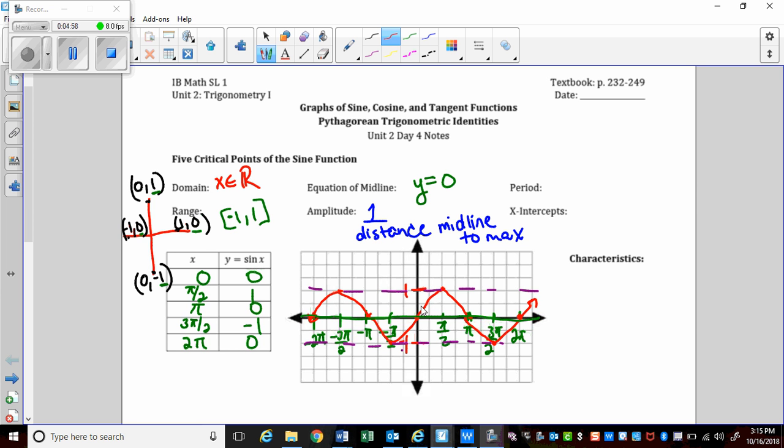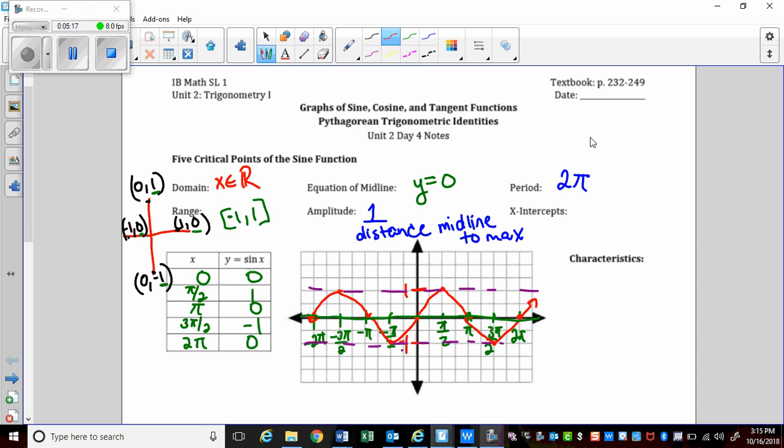The distance between the midline to the maximum is 1 unit. Also, the distance between the midline to the minimum is also 1. My period means that this sine graph is going to make one full revolution between 0 and 2 pi. That distance is 2 pi.